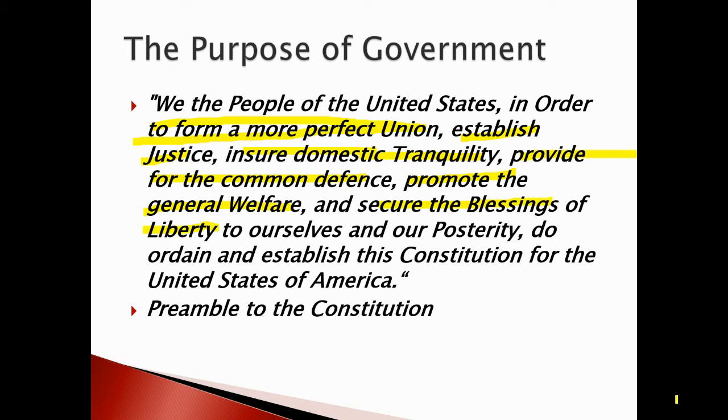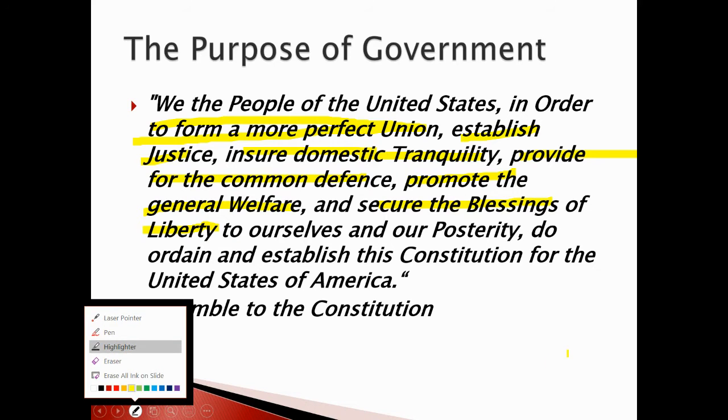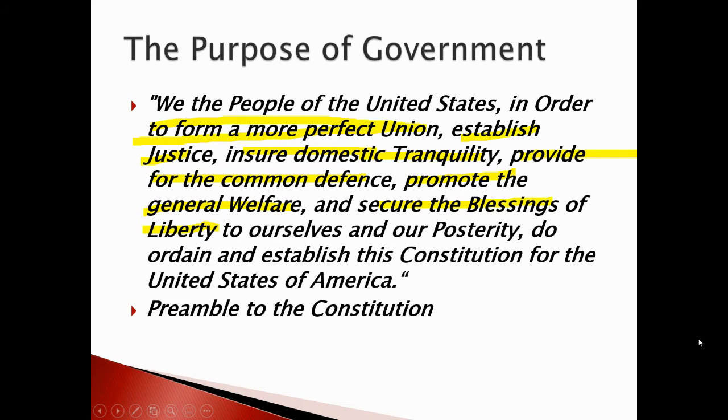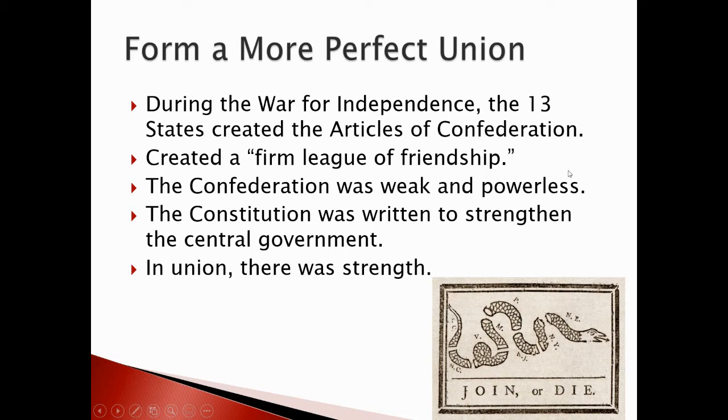So these six goals have some concrete things to them that help us explain why our government exists and what purposes it serves. So let's start with the first one. Let's go ahead and move on to form a more perfect union.